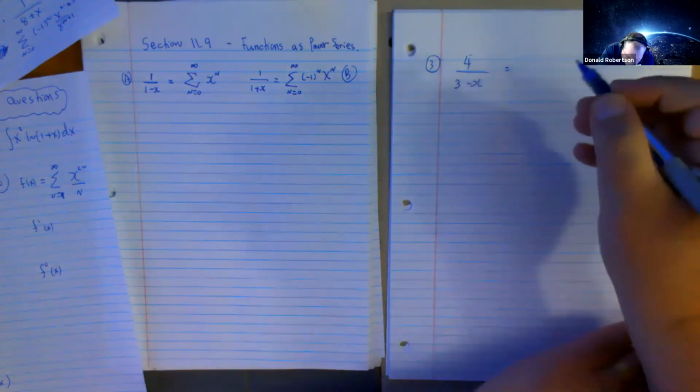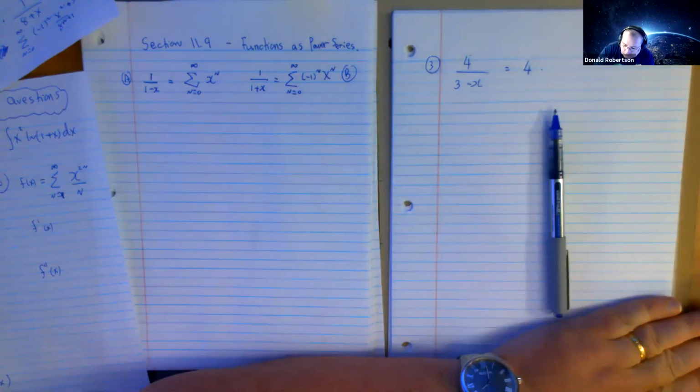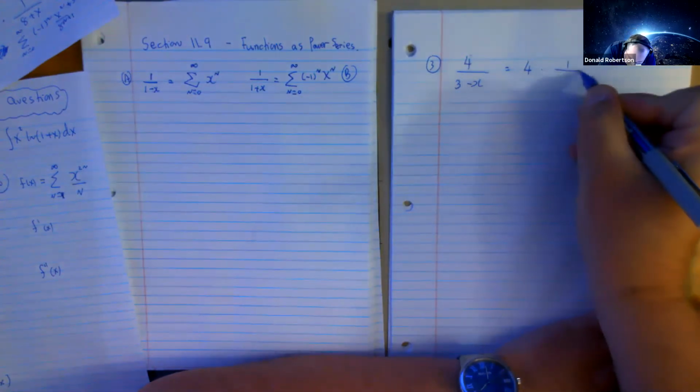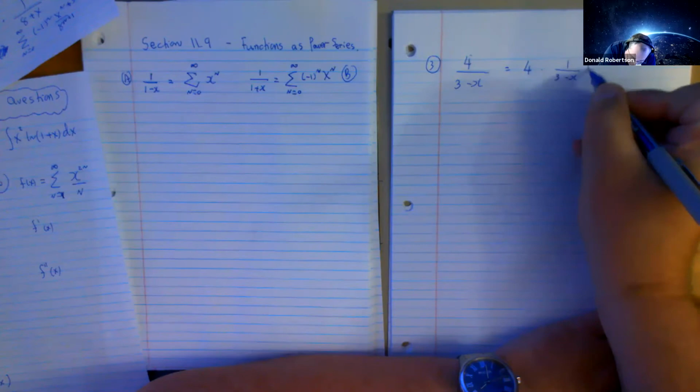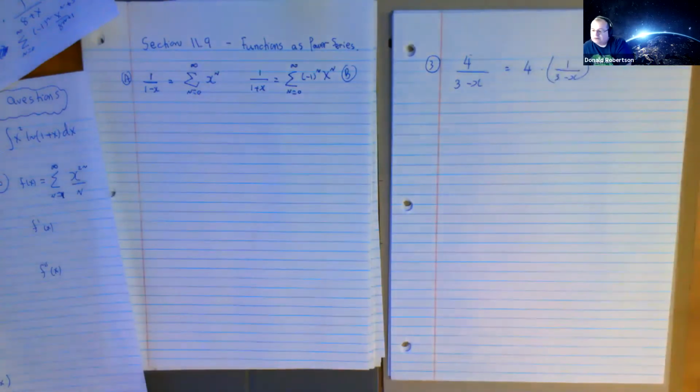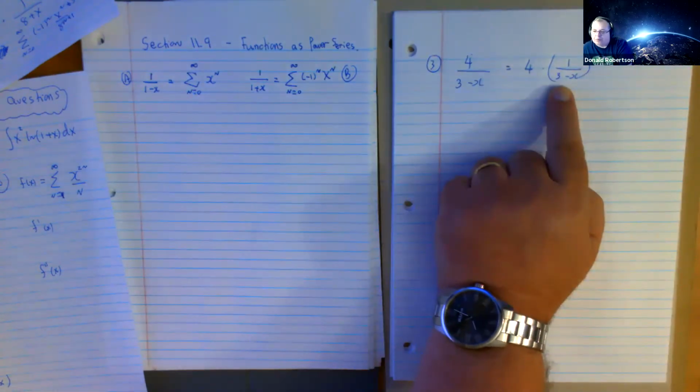Now, I'm not saying that you would necessarily do it as methodically as I'm doing it. But the first thing I would probably do is to think of it as that. Now, just take the 4 out of the way for a little while so it's not interfering with me. That 3 is a problem, isn't it?